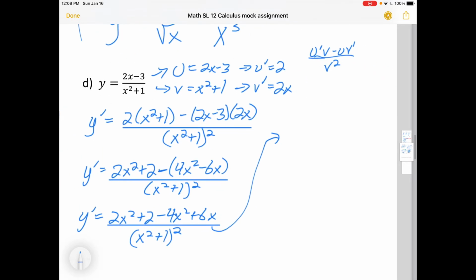I can keep going with this, collect my like terms. y prime is going to be negative 2x squared plus 6x plus 2. If you really want to, you could factor out a common factor of negative 2 up top. Totally up to you. Okay. I think this is really good like this.